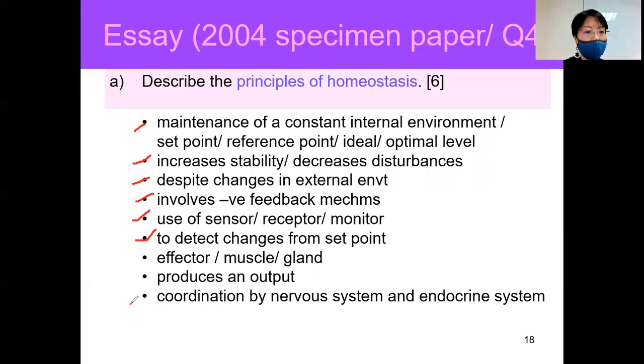That means the signal is being transmitted by the nervous system or endocrine system, coordinating between the receptor, coordinator and effector. Coordinating means working with different parts of the body to pass the message. Then we've got our effector, which can be muscle or gland that will produce the output, which is actually the response. So you can also write response.